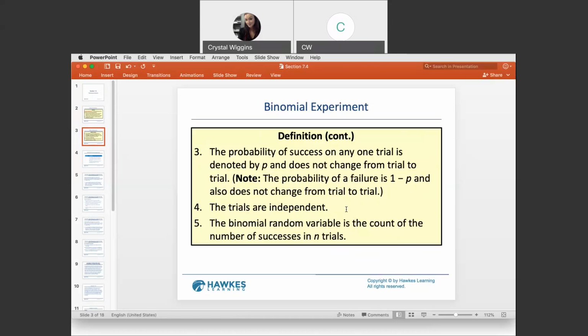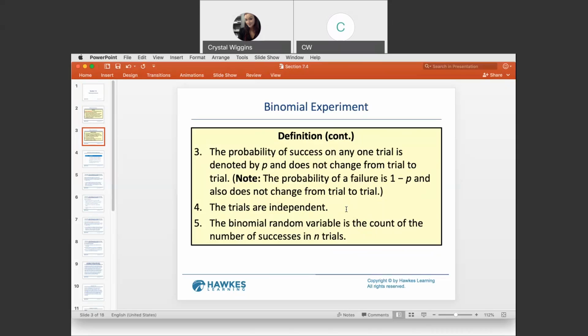I say, woohoo, John, you won. Now, for the second prize, I decide that John cannot win again. So I keep John's name out of the hat and go to select the second name. That is dependent trials because the second choice is 100% dependent on who was chosen for the first one.